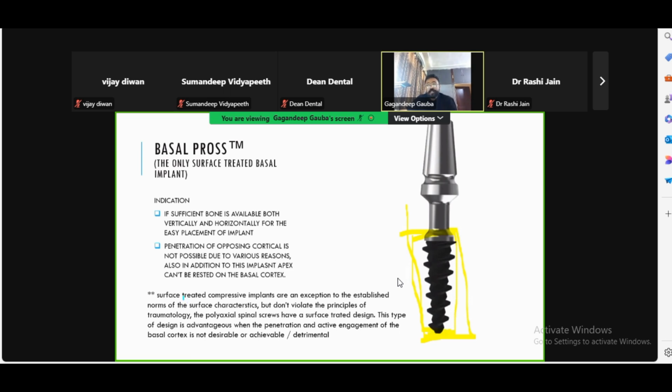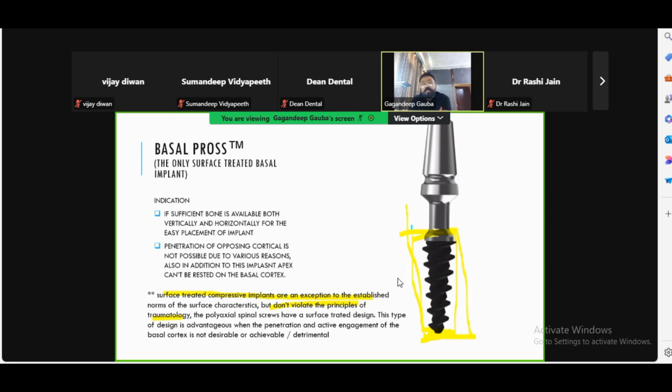This is the exception. This surface treated implant is an exception to the established norm of the surface characteristics in basal implantology, but it does not violate the principles of traumatology, because such surface treated implants are used in the polyaxial screws that we use in the treatment of spinal fractures.